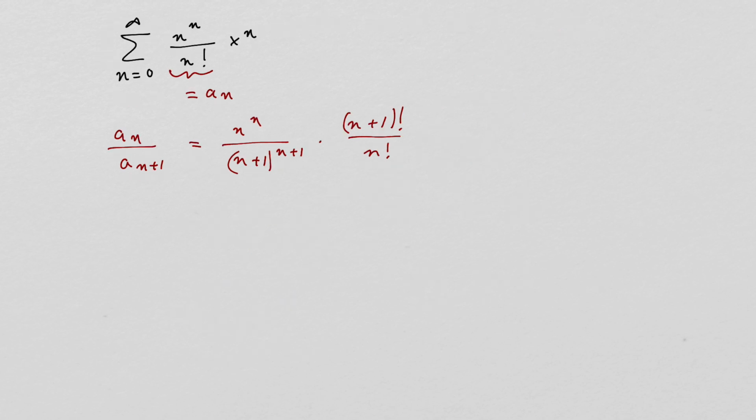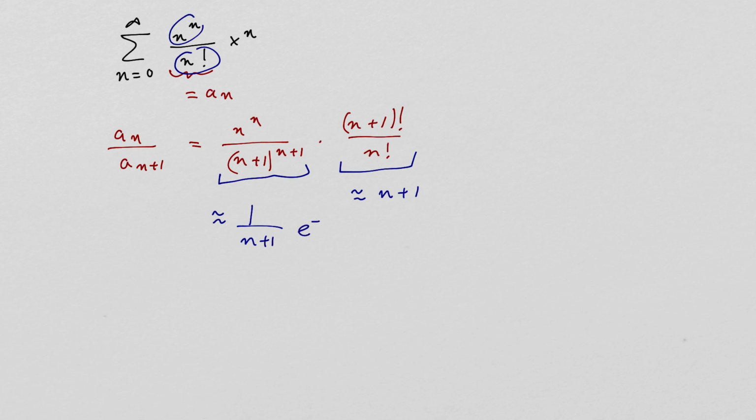Let's have an extra example. Let's have both of the things that we had before. Now our fraction would consist of these two terms. We obtain that this here will be almost like n plus 1, and this one here will be almost like 1 over n plus 1 times e to power minus 1.